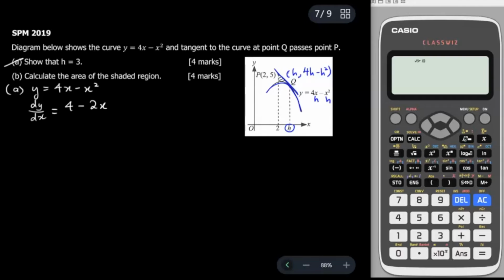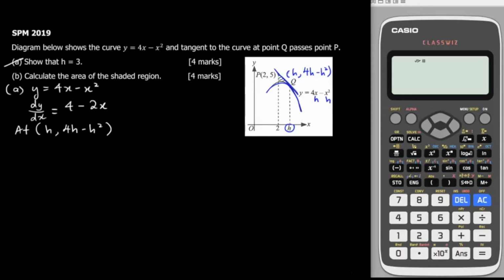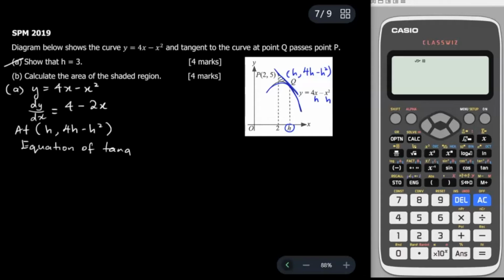Then at the point h, 4h minus h squared, we can put into the equation of the tangent at Q. So the equation of the tangent at Q would be, the formula is y minus y1 equals m, which is dy/dx, times x minus x1.